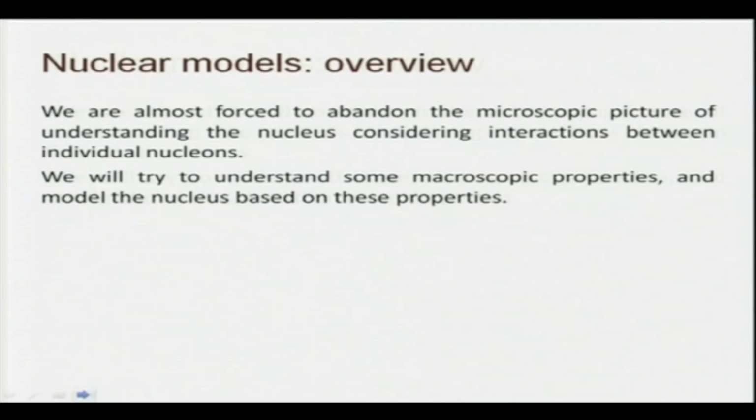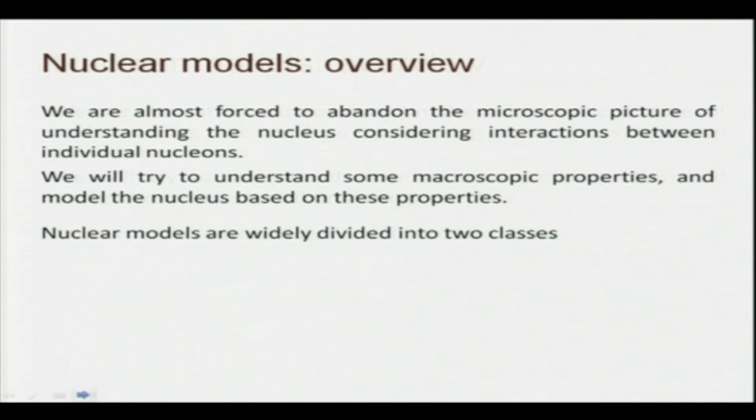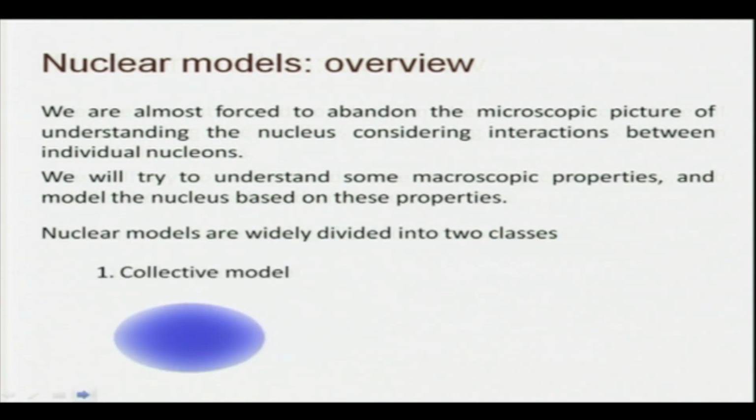So, instead of trying to build a model for the nucleus from the interactions of the individual nucleons, we consider some kind of microscopic properties and then try to understand the nucleus from that angle. Here again there are broadly two different classes. One does not really go into the details of the nucleons inside the nucleus, but considers collectively how they behave, all of them together, like the liquid drop model that we mentioned at the beginning of the course.